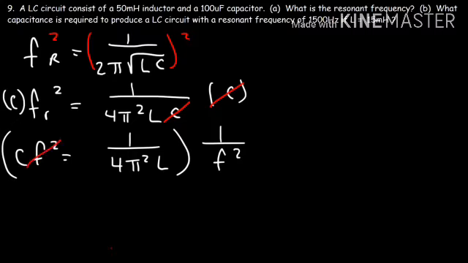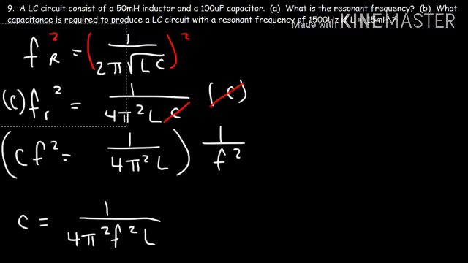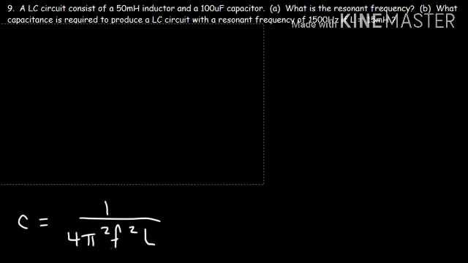These two will cancel, and on the right, we're just going to multiply this by F squared. So we're not going to have F squared on the left side anymore. So C is equal to 1 over 4 pi squared times F squared times L. That equation will help us to calculate the capacitance in an LC circuit at resonance.